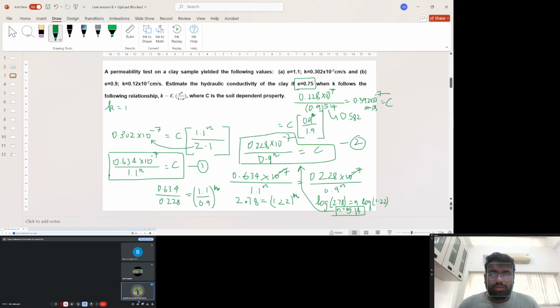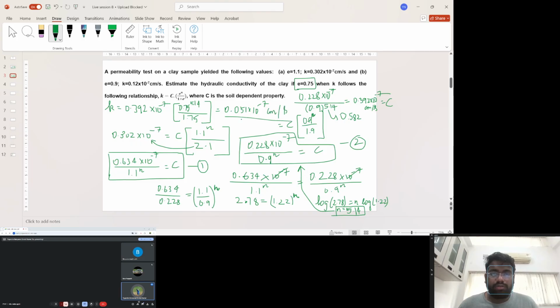Now K is equal to 0.392 into 10 power minus 7 into 0.75 power 5.14 divided by 1.75, to give us a value of 0.051 into 10 power minus 7 centimeter per second.